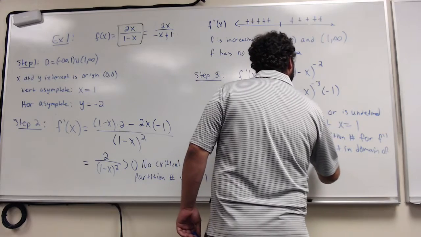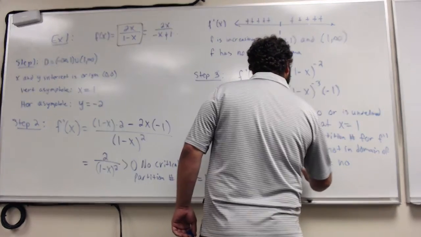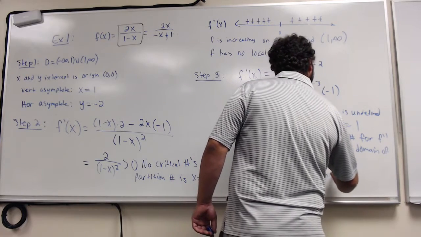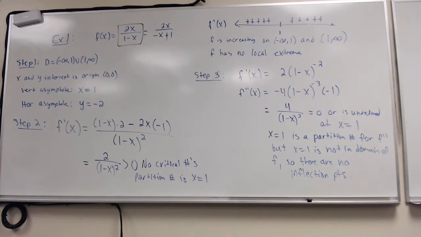So there are no inflection points. Even if the concavity changes at 1, which it will, there's not going to be a point on the graph where the concavity changes. So I'm just adding in that little extra interpretation there.